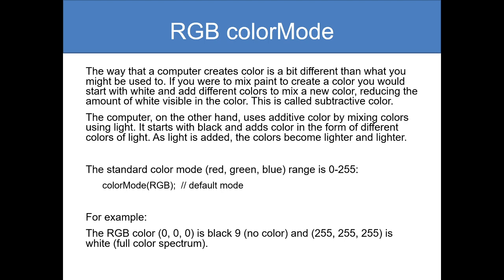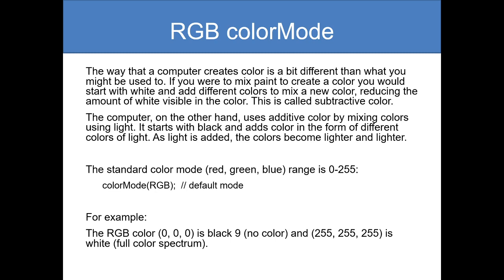RGB stands for red, green, blue. And this range goes from 0 to 255, which some people think is kind of weird. It's just how it works. That's the best explanation I can give you right now without going into a super technical explanation of why it's 255. We can just say, okay, that's what we can do, from 0 to 255, 0 being the least, 255 being the most.